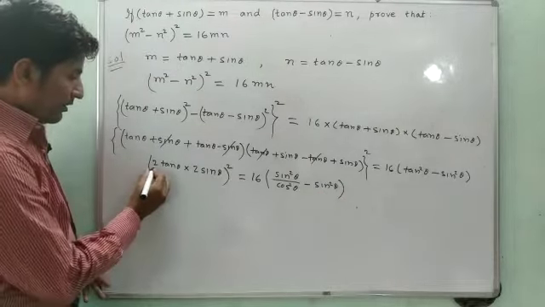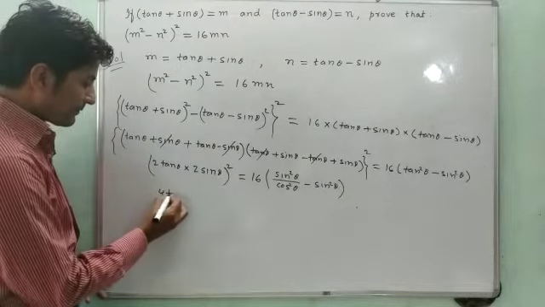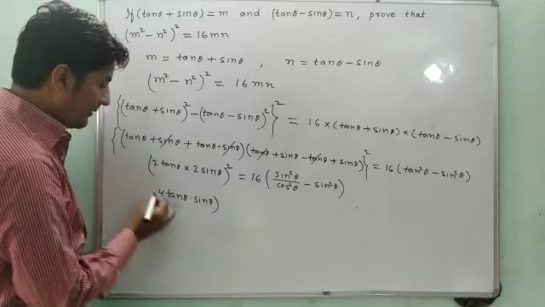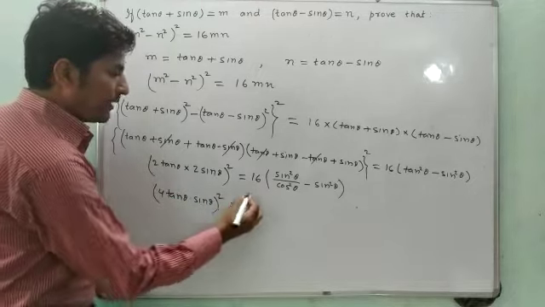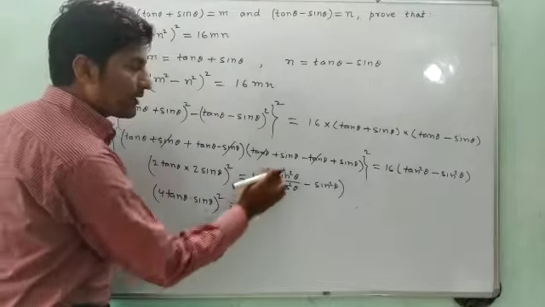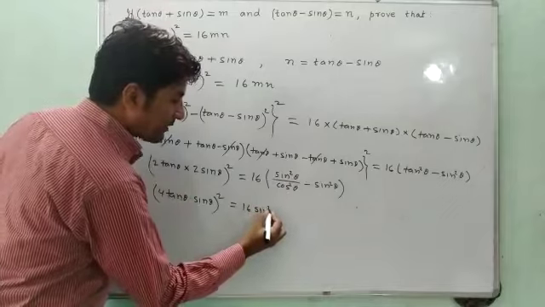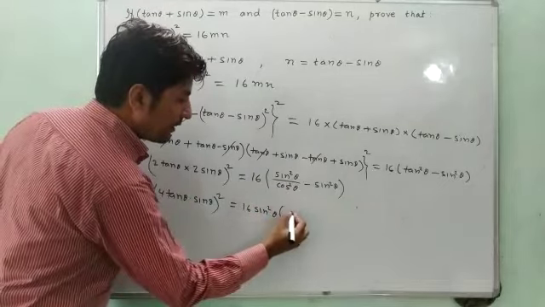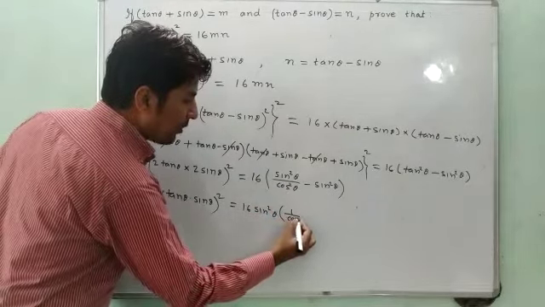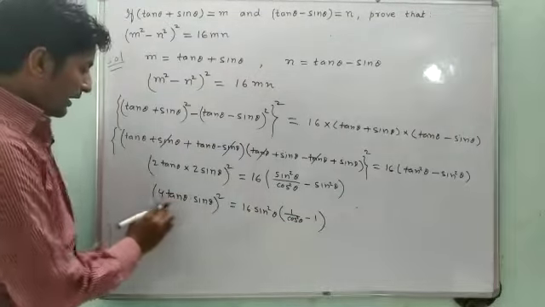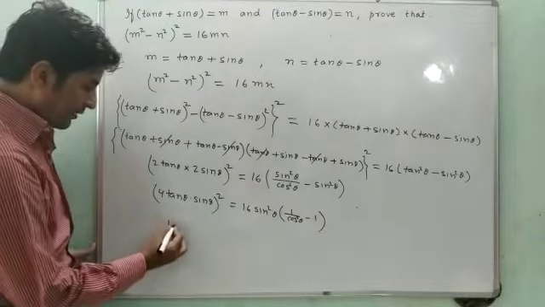Now here 2 to the 4, that is 2 tan theta into sin theta whole square equals 16 will be as it is, no change. Sin square theta, sin square theta, we can take sin square theta as a common factor. Now here we can write 1 upon cos square theta minus 1. Here we can write square of 4 will be equal to 16.